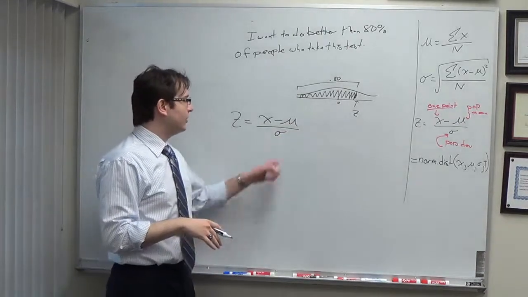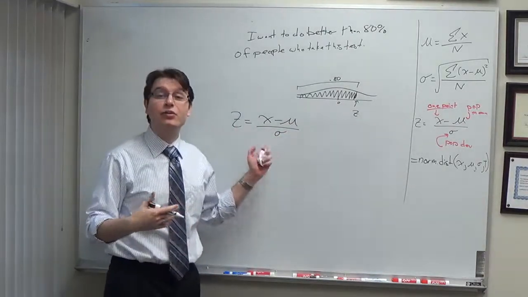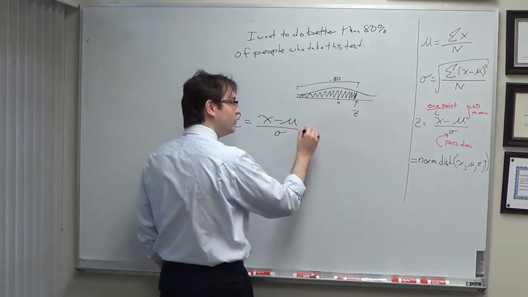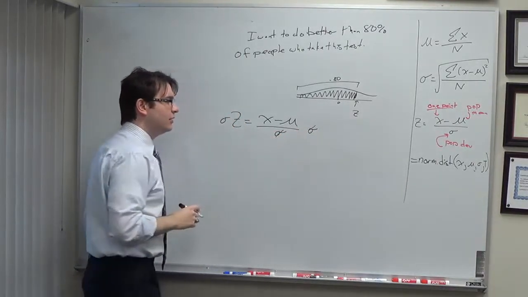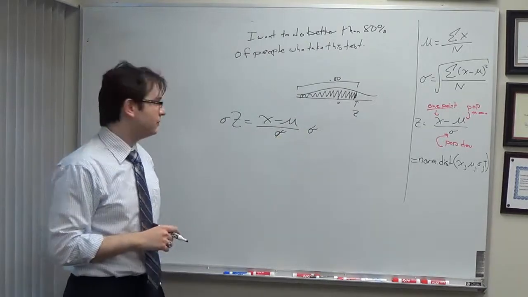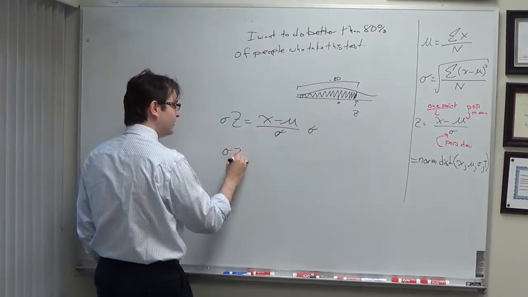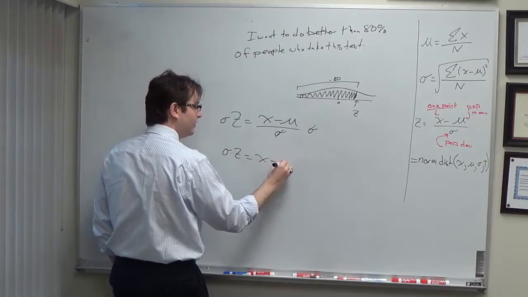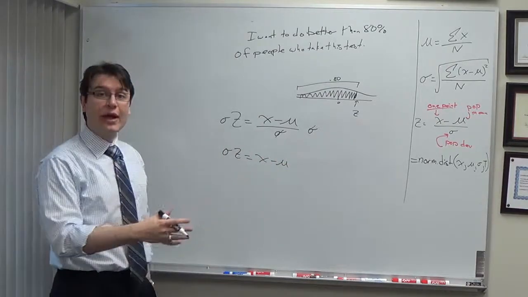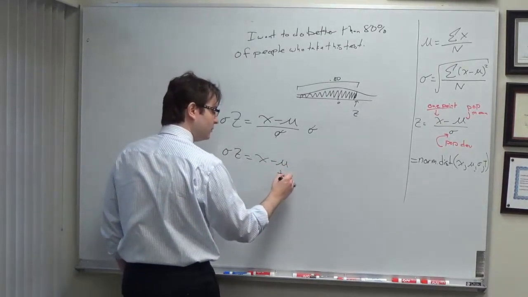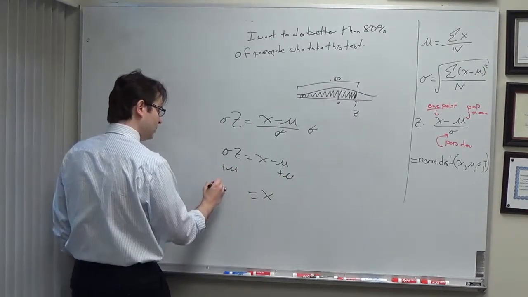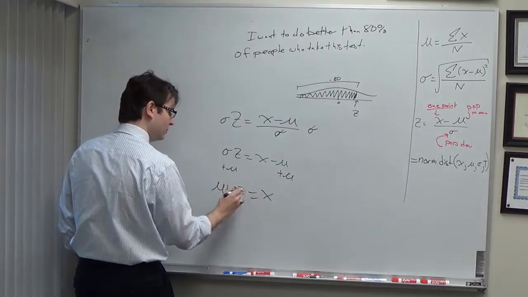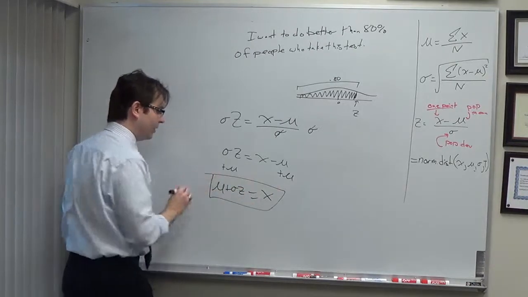We know from algebra that you can multiply both sides of an equal sign by the same number. So if I multiply both sides by sigma, on the right side, divided by and times cancel. So I'm left with sigma z equals x minus mu. And I can also add mu to both sides. And I get a new formula.